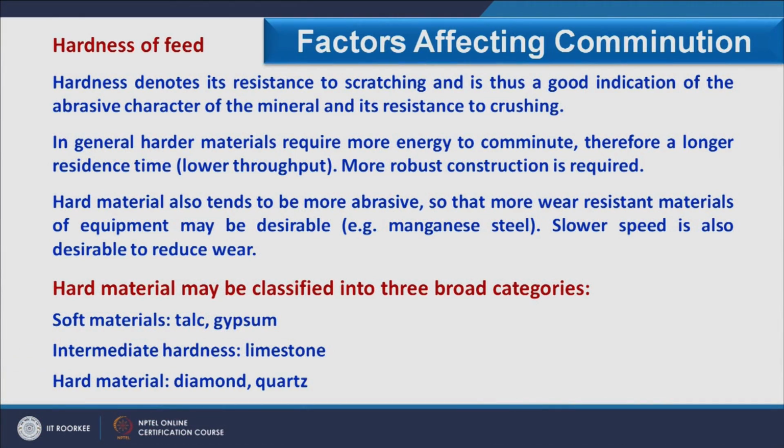The first we call soft material, for example talc, gypsum. Intermediate hard material is limestone, and hard material we have as diamond and quartz. So, for these different categories we have different equipment in which we carry out comminution. So, hardness is one of the factors.